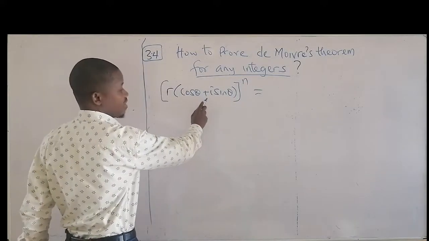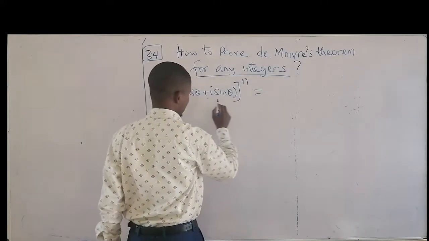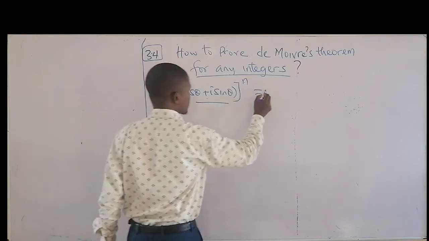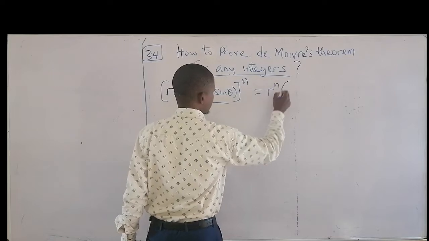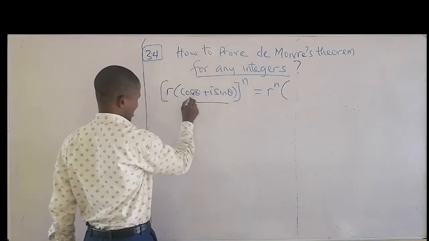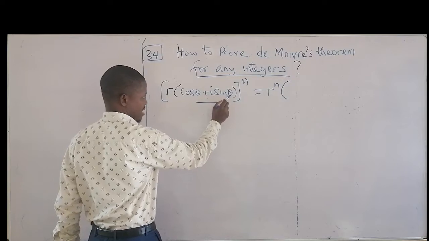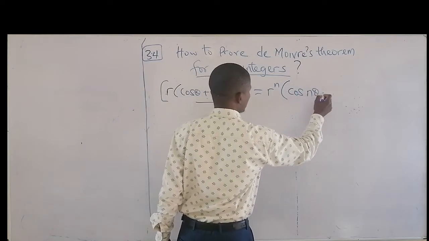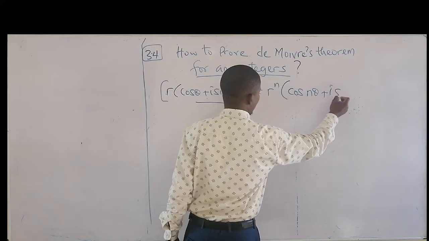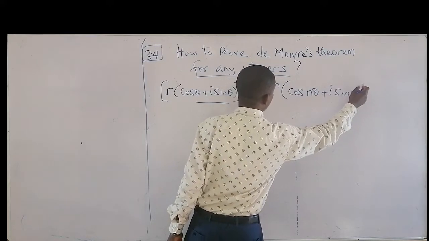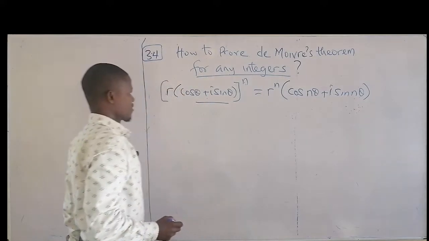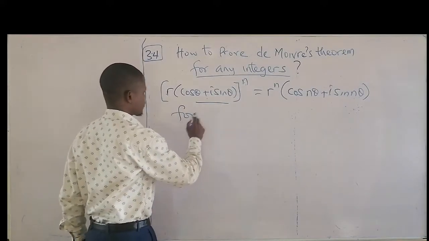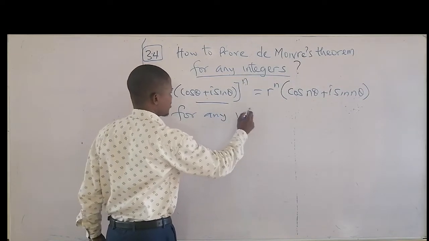According to De Moivre's theorem, the left-hand side will be equal to r^n, and then n will be times the angle, that will be cos n theta plus i sin n theta. I want to show this for any integer.